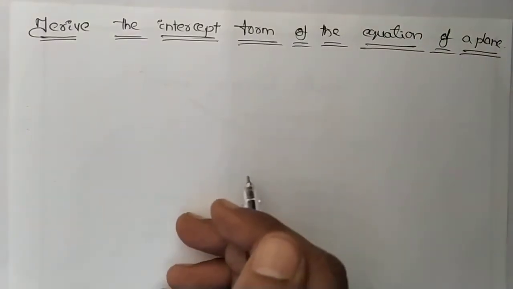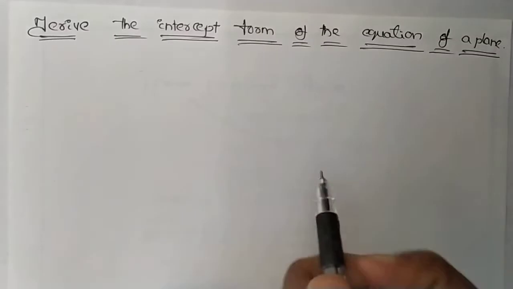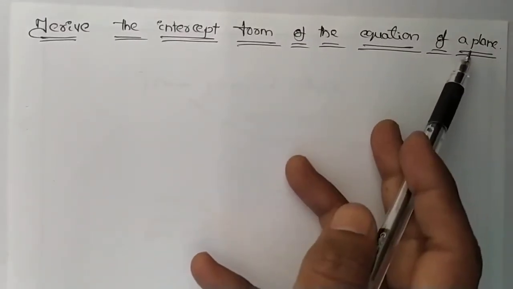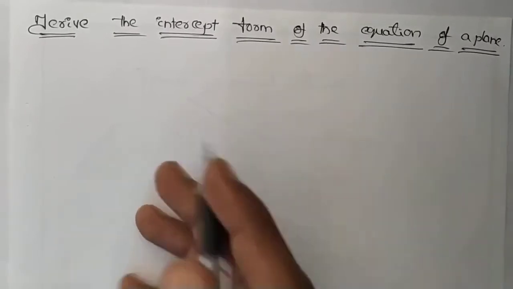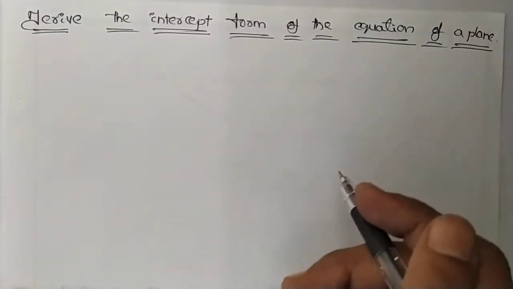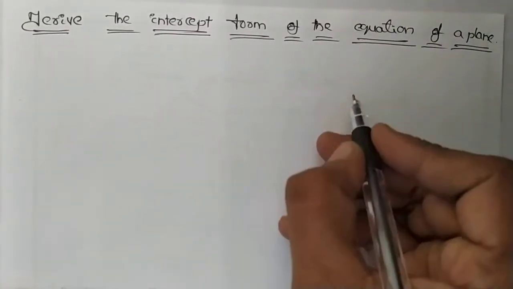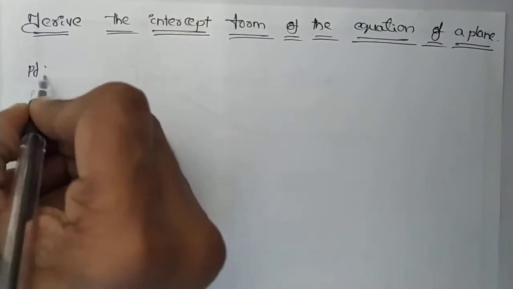Here we are finding the intercept form of the equation of a plane, not a line. This derivation is not that important from the examination point of view. Whatever you have to know, let us derive this derivation.